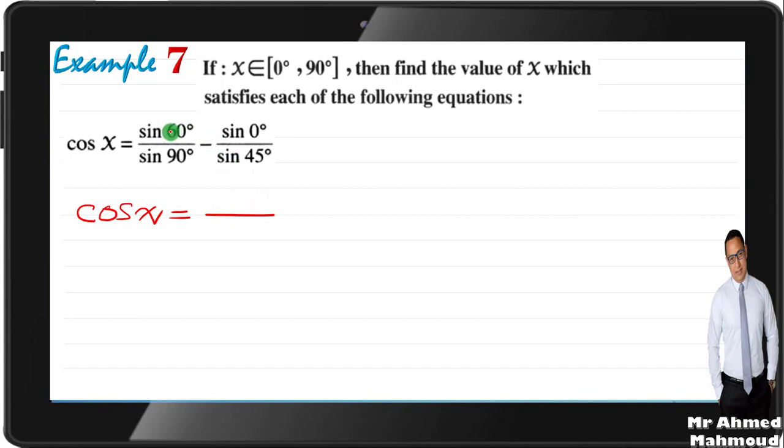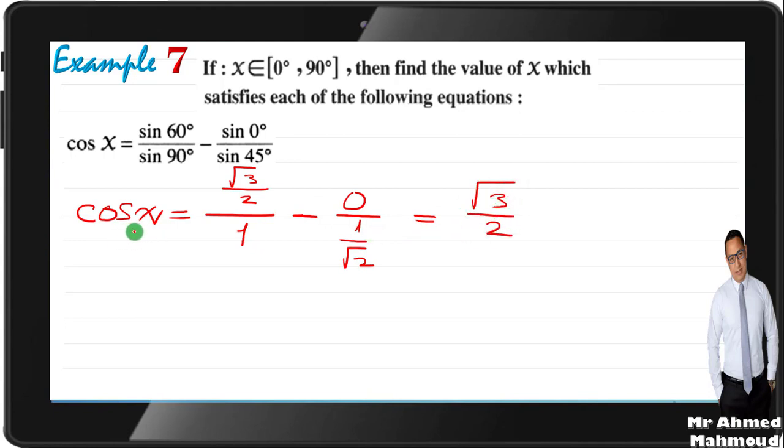Here, sine 60 equals root 3 over 2, sine 90 equals 1, sine 0 equals 0, sine 45 equals 1 over root 2. This one equals root 3 over 2.